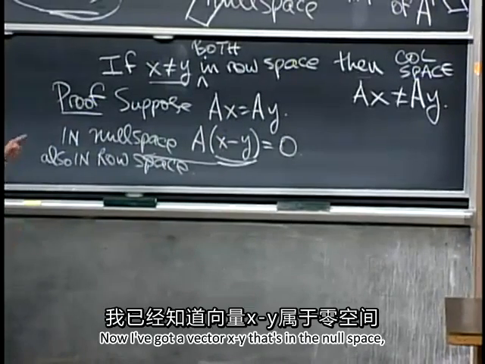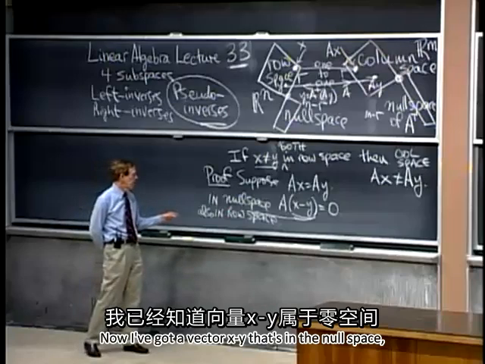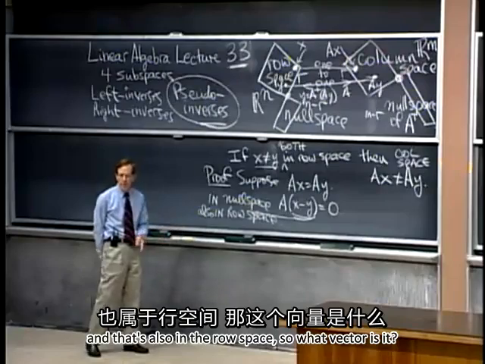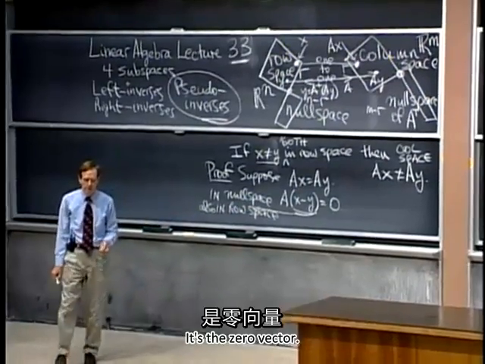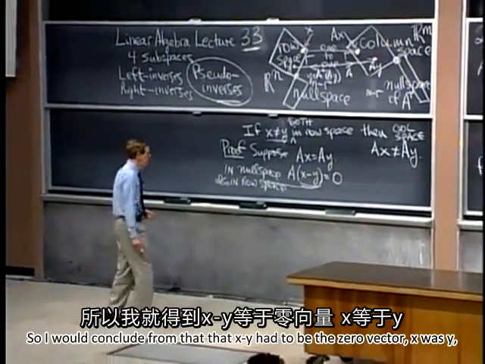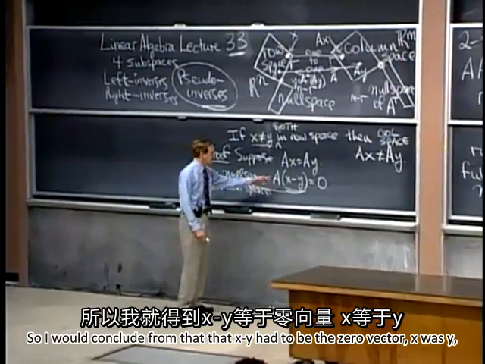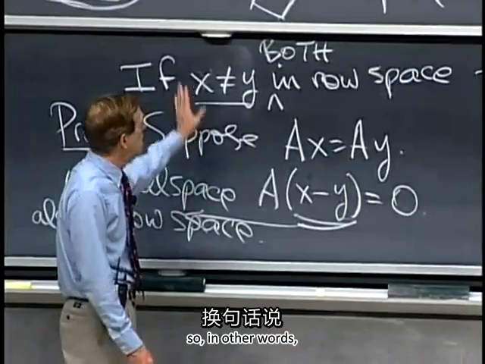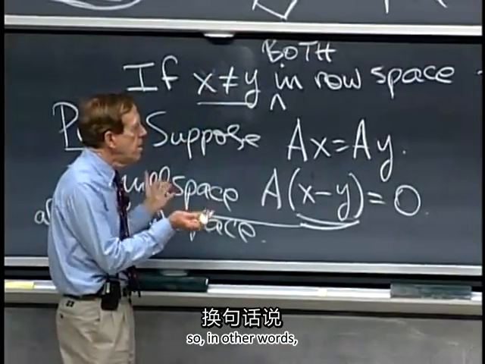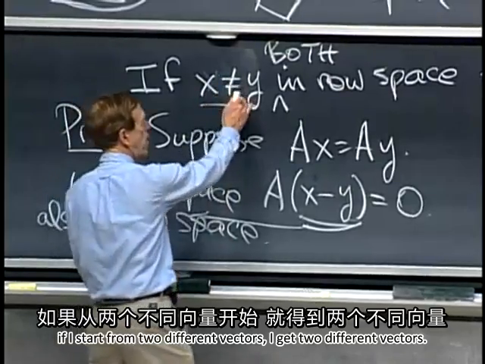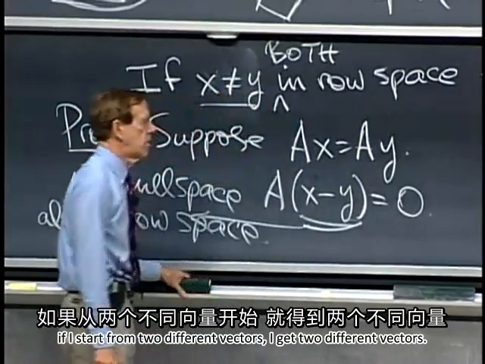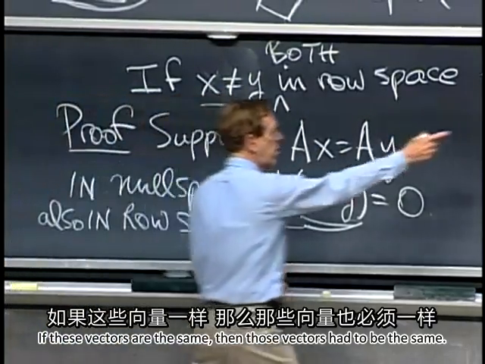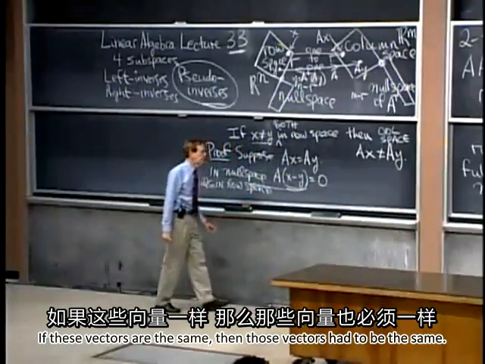Now I've got a vector x minus y that's in the null space, and that's also in the row space. So what vector is it? It's the 0 vector. So I would conclude that x minus y had to be the 0 vector. x was y. So in other words, if I start from two different vectors, I get two different vectors. If these vectors are the same, then those vectors had to be the same.